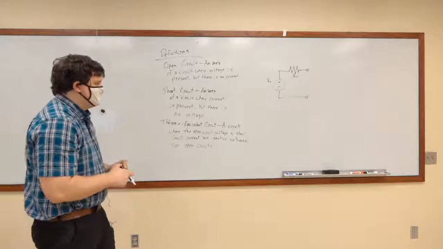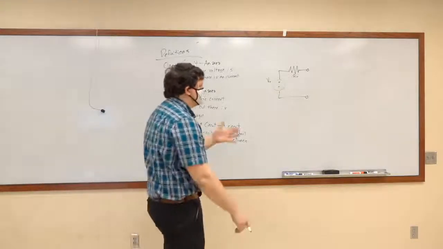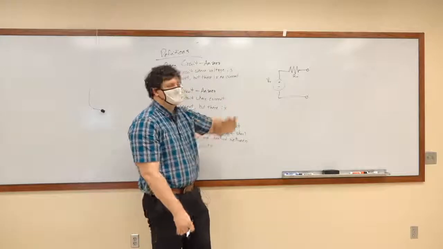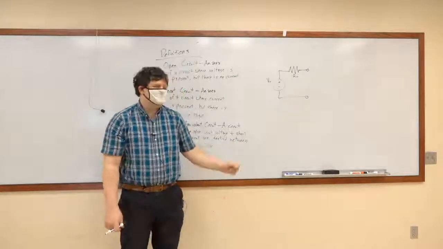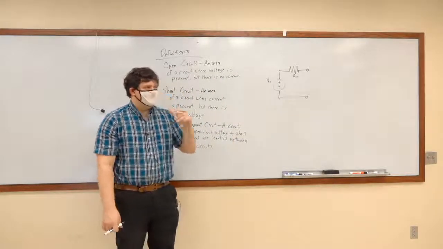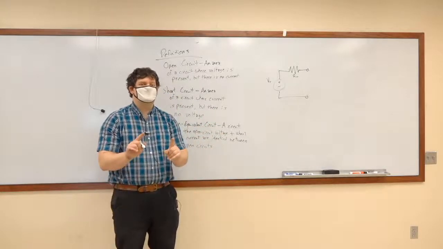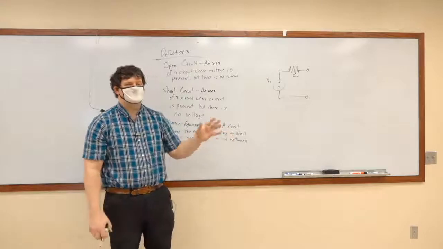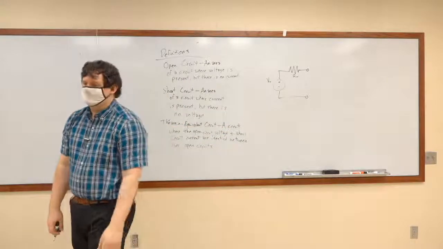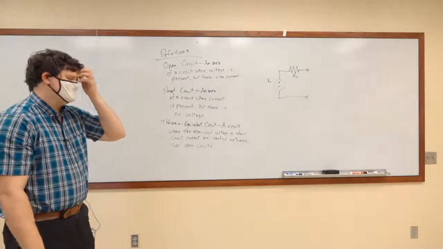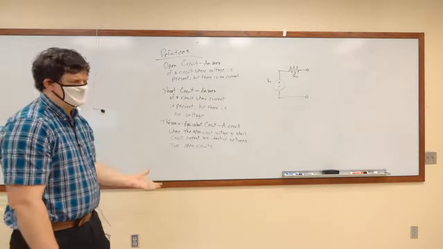And this is an equivalent power source. We could plug in any resistance, and this will have the same behavior as whatever system we're trying to model, as long as that system is only comprised of resistors. That is an important piece here. If you have a capacitor in the system, this no longer is valid because you can't model capacitance with a resistor, which we'll get to in a couple weeks.